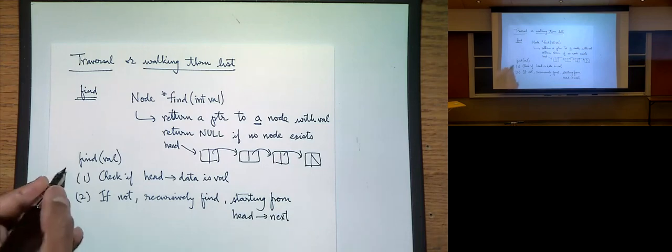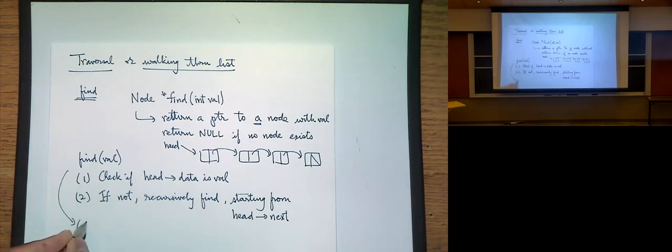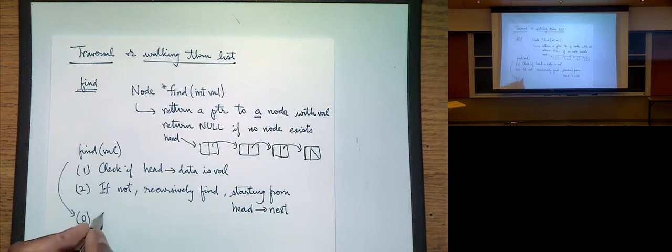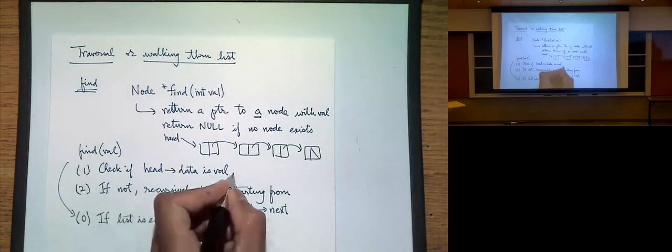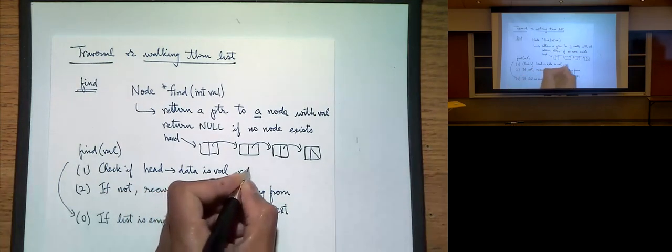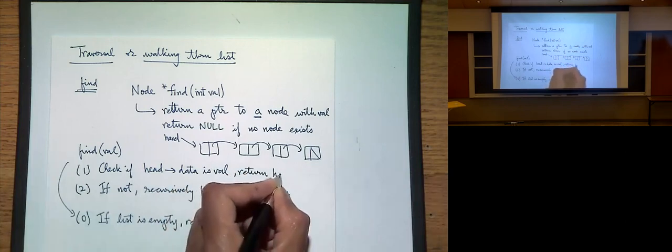And I should have written this before, but again, the 0th condition is that if the list is empty, return null. And if head has the data, then you would return the head.